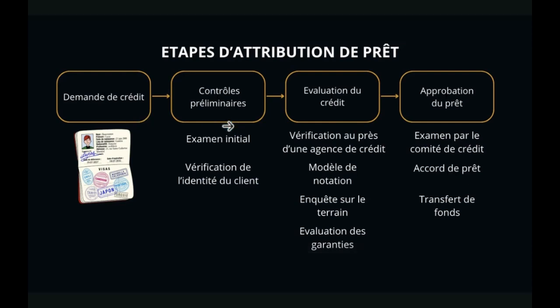Next, the financial institution carries out what are called preliminary checks, and these initial verifications ensure that the person is indeed real, that the documents are authentic, and that there is no fraud involved. For example, it can happen that individuals use fake identities to obtain credit and then disappear with the money.